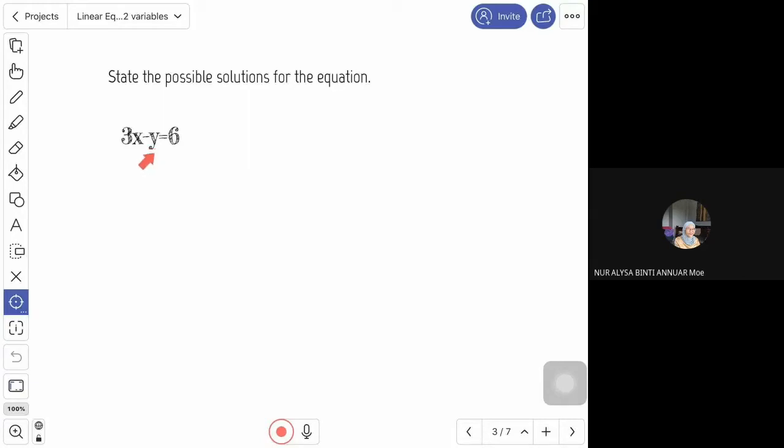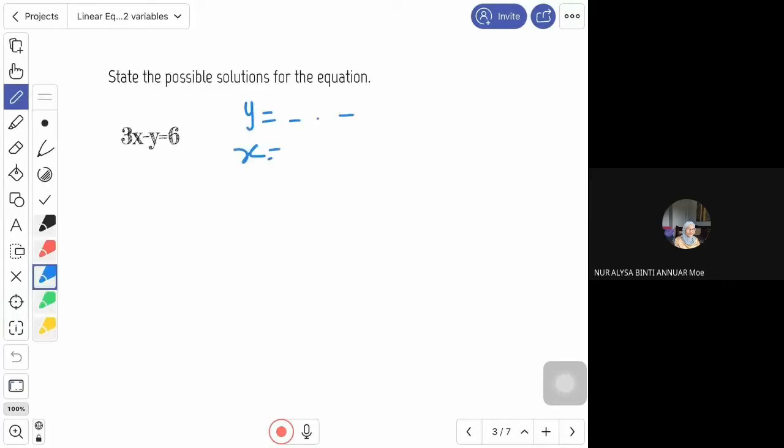Contohnya, X equals to something or Y equals to something. Maybe you can write Y equals to blah blah blah or X equals to blah blah blah, like that. Okay, so that is easy for us untuk kira lah later on. Do you understand what I mean?